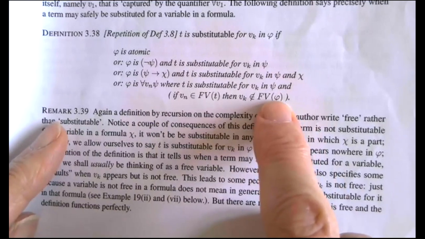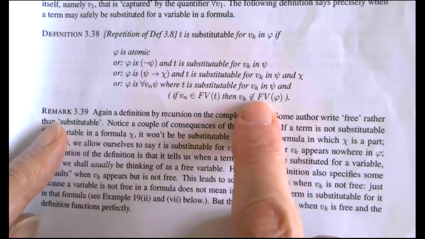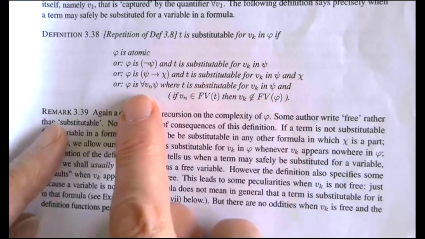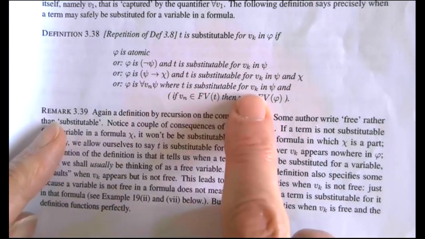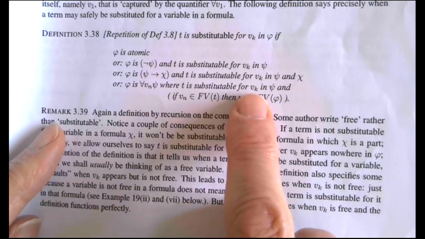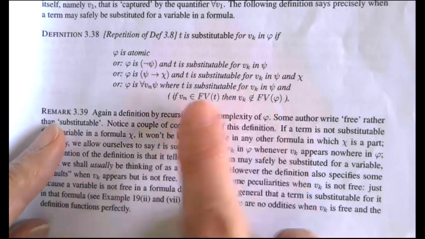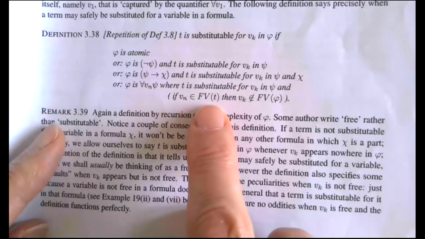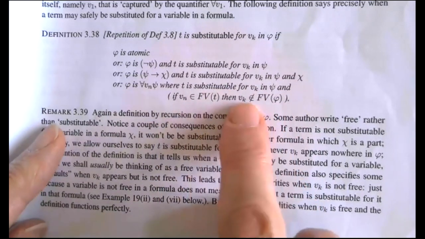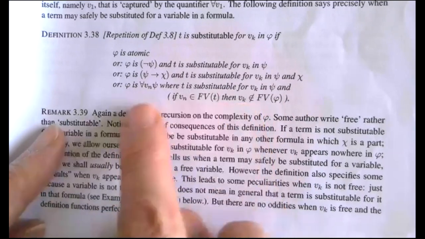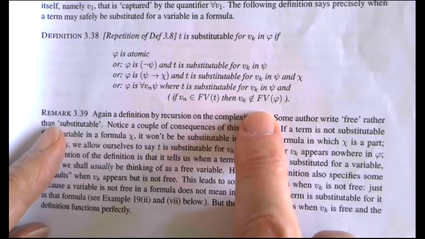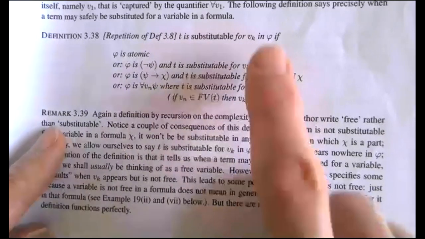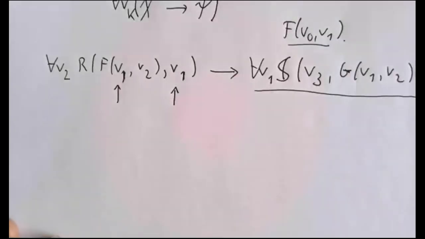In this case, if phi is for all v1, and this function f that we're substituting in has got v1 in it, but we're trying to substitute it for v1, so v1 is a free variable of the formula. But it's also the case that v1 is not a free variable of phi. So in that case, it's fine. It is substitutable for v1 in phi.